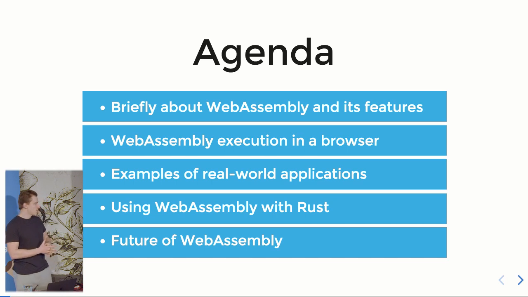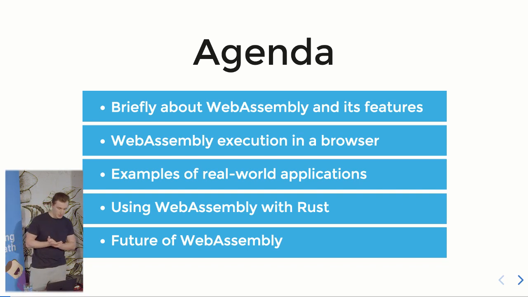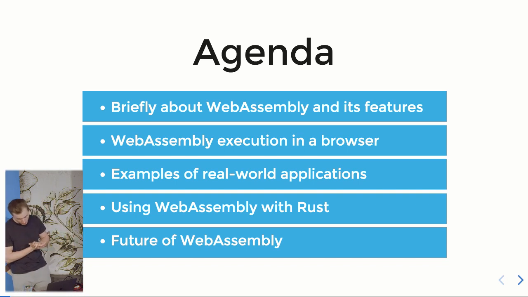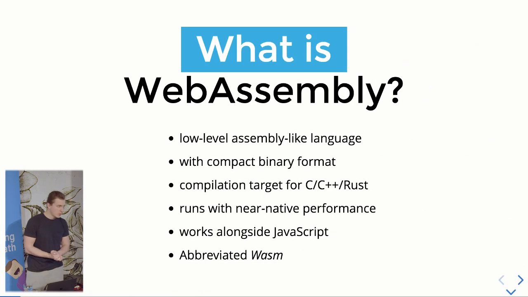In the second part, I will finally switch to how you can start writing applications in Rust language and target WebAssembly. And I will finish by saying a couple of words about the technology and how it will shape the web. But first, what is WebAssembly?